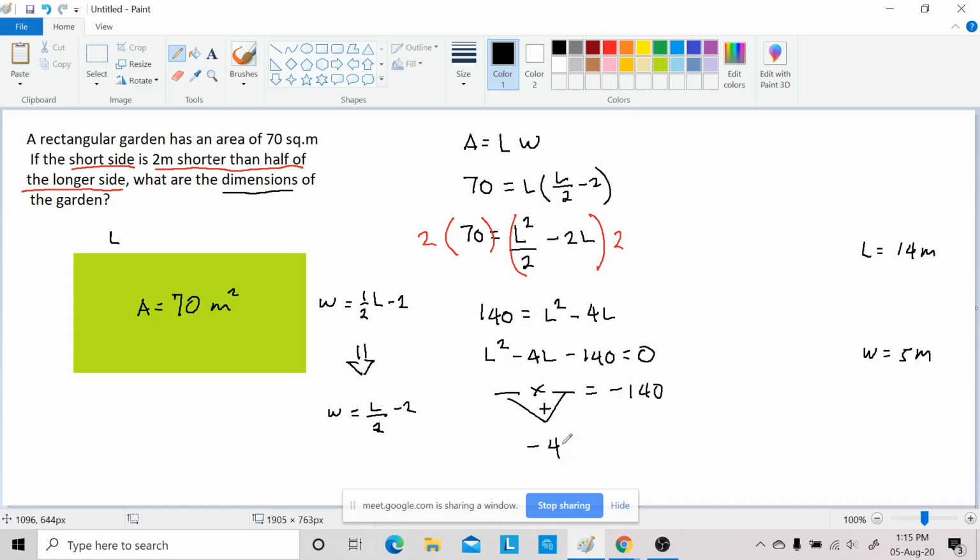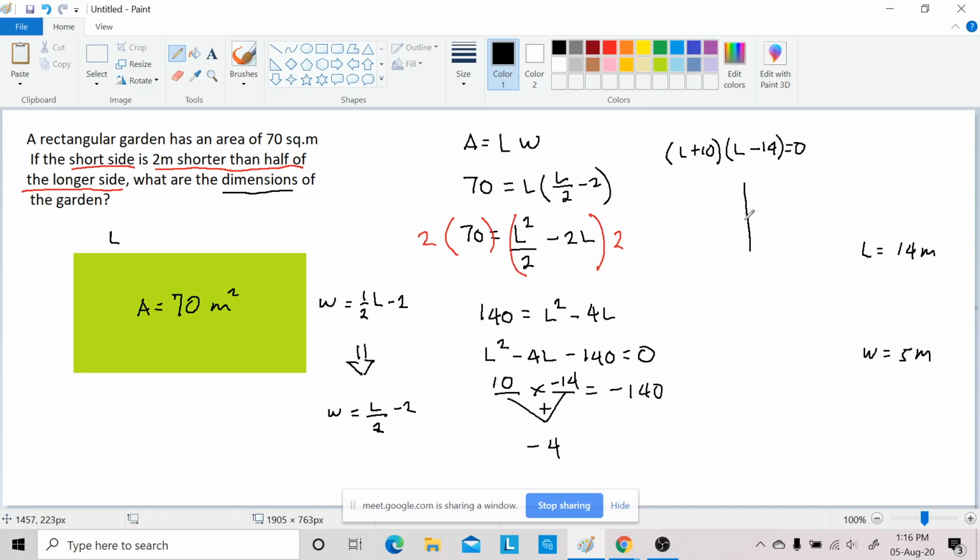What is it? Come on. 10 and negative 14. Correct. Okay, and our factors will be L plus 10, L minus 14, and this is equal to 0.